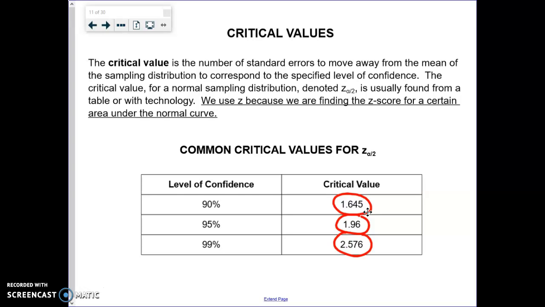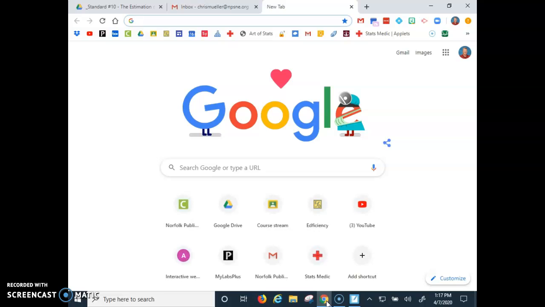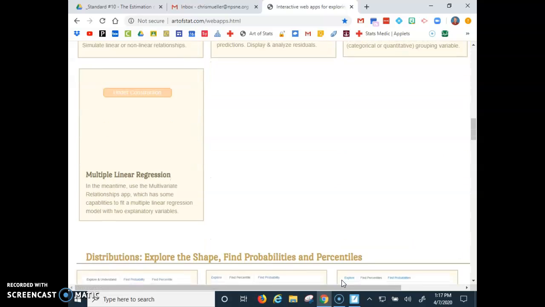Now, if you don't memorize those, I'll show you how you can get these, and all you have to do is go to your ArtStat app, okay? We're not using a t, we're going to use a z.